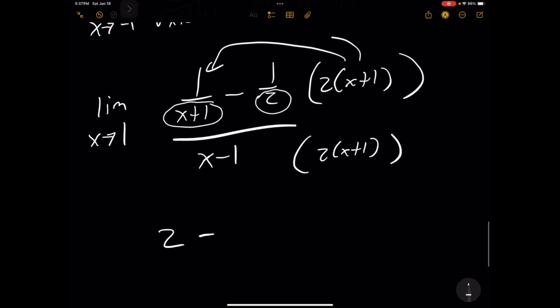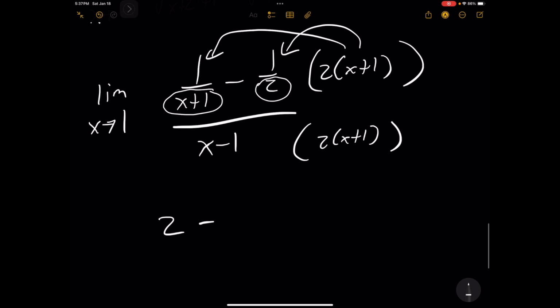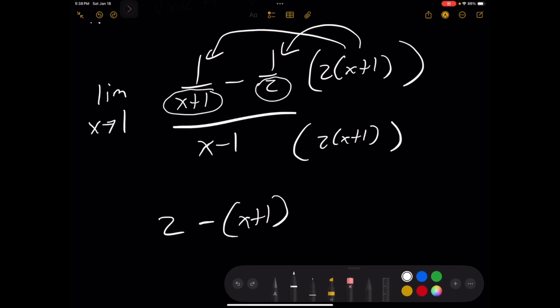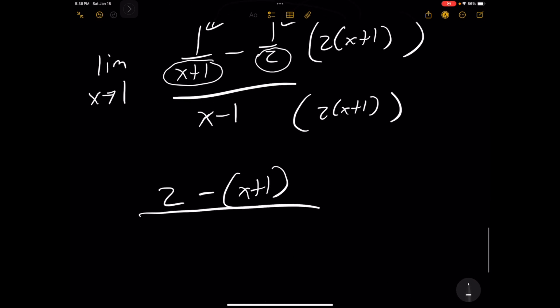When I multiply by the second function, we will have 2 times (x plus 1) over 2. The 2s will cancel this time, and we'll be left with x plus 1. Notice I put the x plus 1 in parentheses because of this negative sign. This negative sign is going to have to distribute there. And that's all over (x minus 1) times, put this in parentheses, times (2x plus 1).